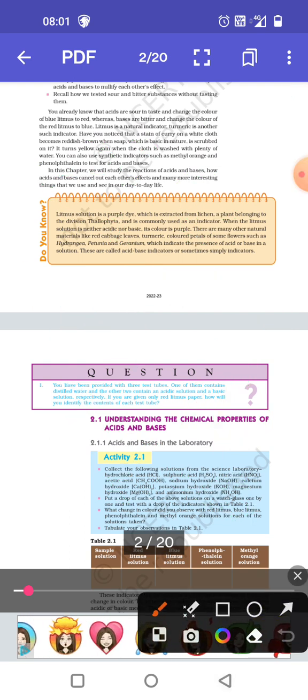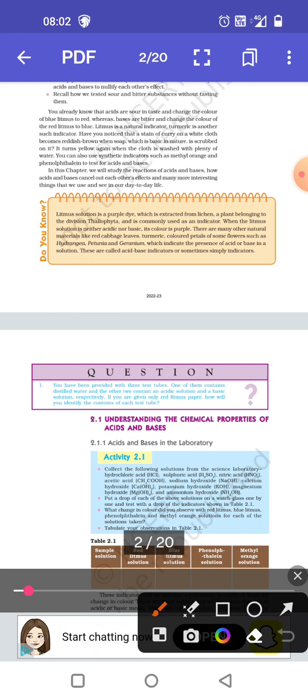Then another way is according to Arrhenius theory. We have to define chemically whether it is an acid or base. If you have a solution, then you have to know whether the solution is acid or base. Then how can you examine that?